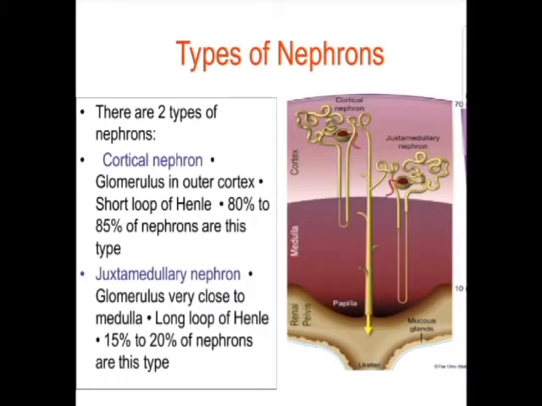They have short loops of Henle, and they do not extend beyond the outer part of the renal medulla. The mid-cortical, as its name indicates, is the intermediate nephron; their renal corpuscles are situated in the mid region of the cortex, and their loops of Henle are of intermediate length.